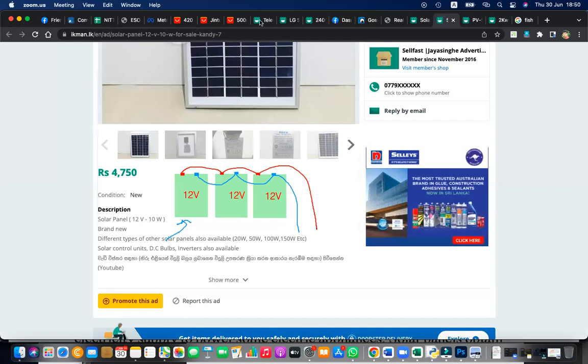Did you know or you didn't know? You guessed, right? I don't know, sir. Anyway, you'll get 12 volts. If you connect 3 panels of 12 volts in parallel, it's 12 volts.